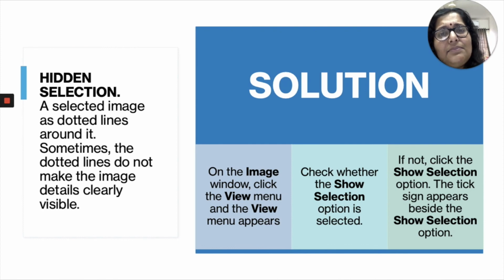That is, sometimes the selection will not be seen on the image. In those cases, go to the image window and click on the View menu. In the View menu, look for the option called Show Selection, and if it is not selected, click on it to select it, and the tick mark appears next to the Show Selection option.